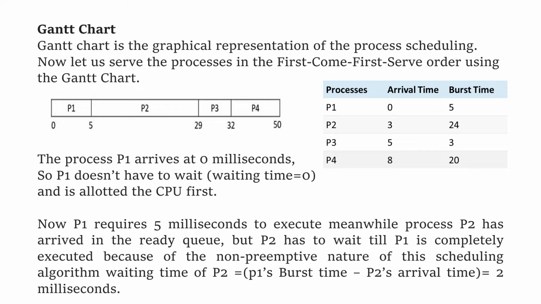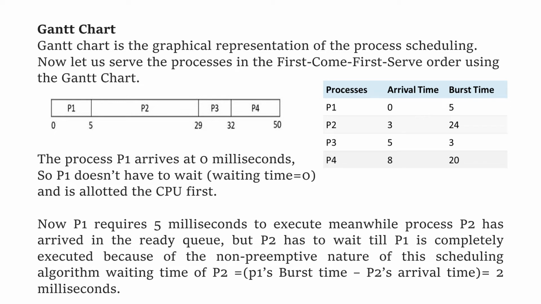In this, we can see the process P1 arrives at 0 milliseconds and its burst time is 5, so it completes within 5 milliseconds. Meanwhile, the process P2 has arrived in the ready queue because it arrives at the third millisecond while the process P1 is executing.